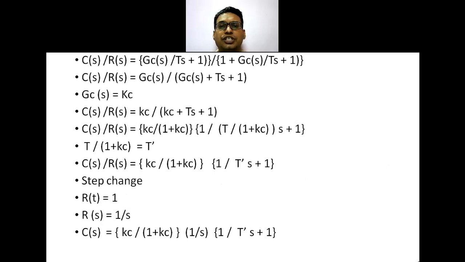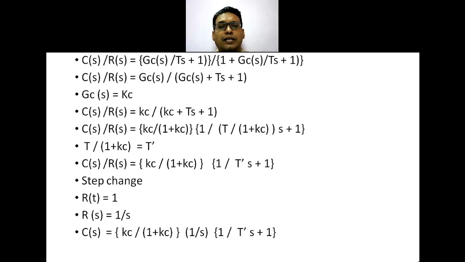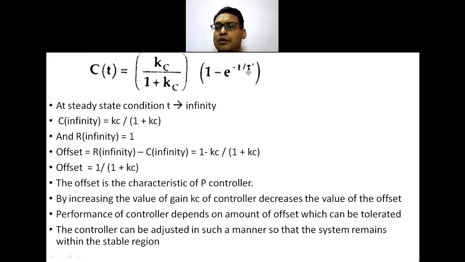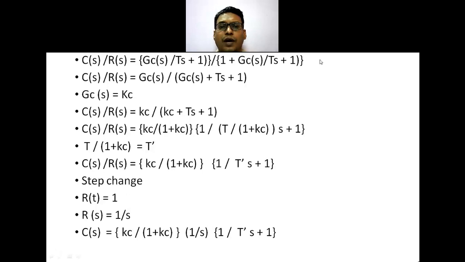So substituting Gc(s) as Kc and simplifying that, you get C(s)/R(s) equal to Kc/(1 plus Kc), which is taken as common, times 1/((tau/(1 plus Kc)) s plus 1), where the value tau/(1 plus Kc) is represented as tau dash.